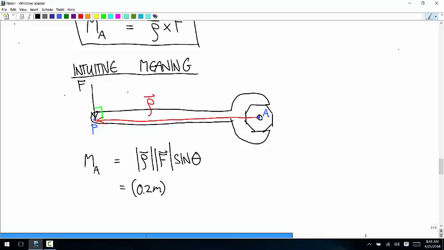Well, not necessarily. That rho you just get from going from the about point to where the force is applied always. So you put those two tail to tail and then just measure the shortest angle between them.